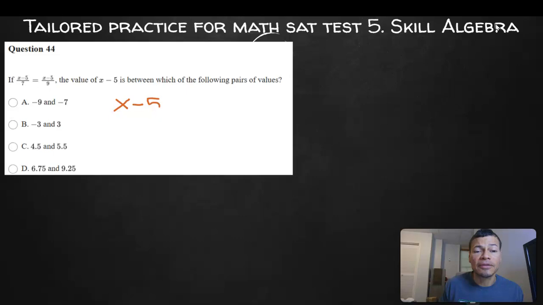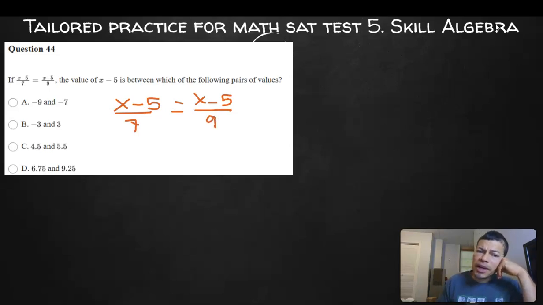So if you get it from both equations, (x - 5)/7 equals (x - 5)/9. The denominators will never be equal, but the numerators will be equal only when x equals 5.